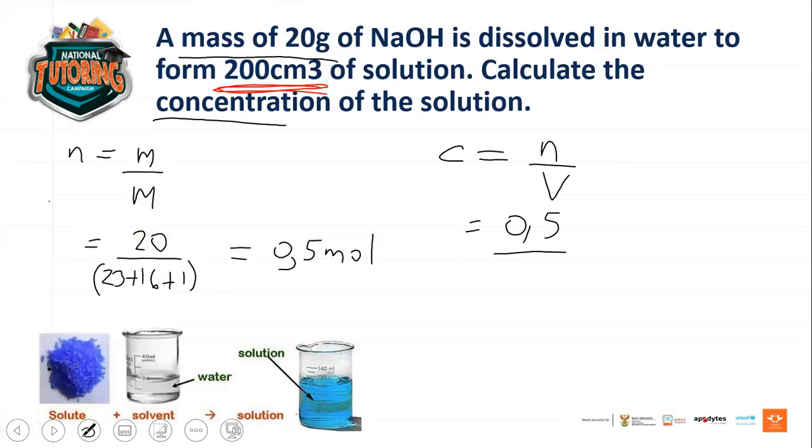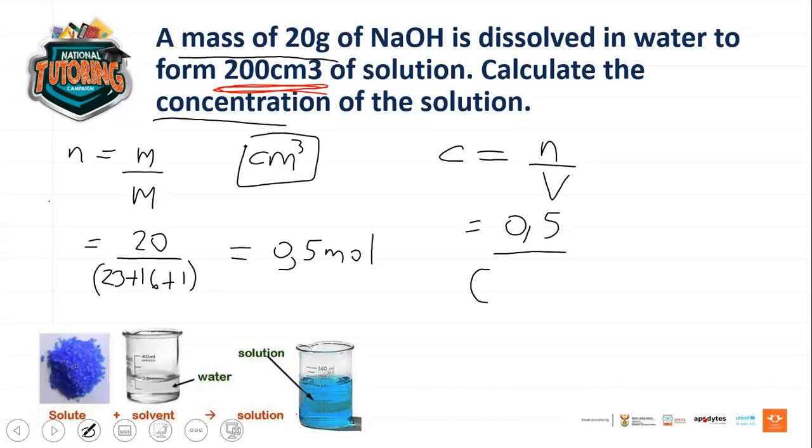When we're dealing with volume in these concentration calculations, we need to make sure that it is in decimeters cubed, just like you can measure something in centimeters or millimeters or meters or decimeters.